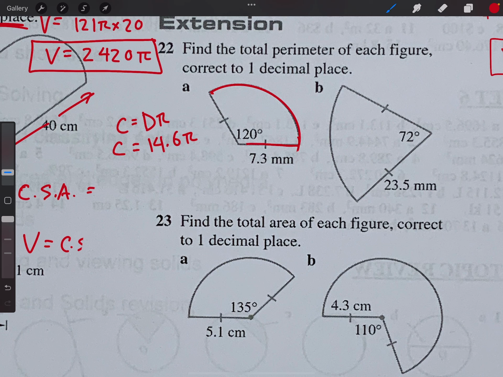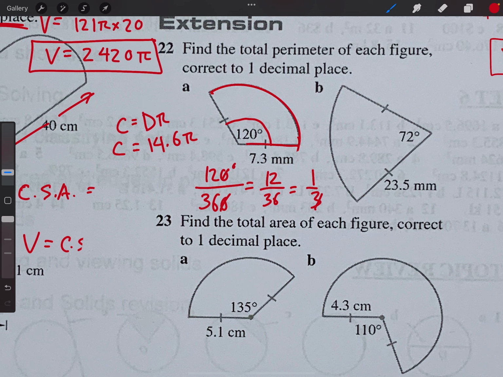But we only have a fraction of the whole circle, so let's find out what fraction it is. We do the angle, which is 120 degrees, over the entire circle, 360 degrees. Cross that out, you get 12 over 36. Divide top and bottom by 12, you get 1 over 3. So this is only 1/3 of the circle.